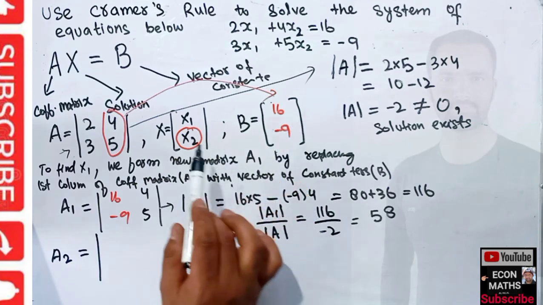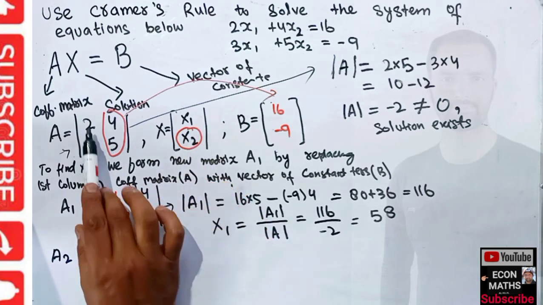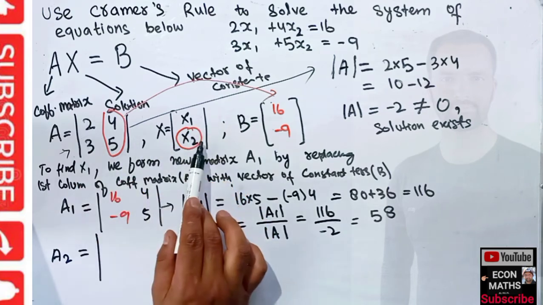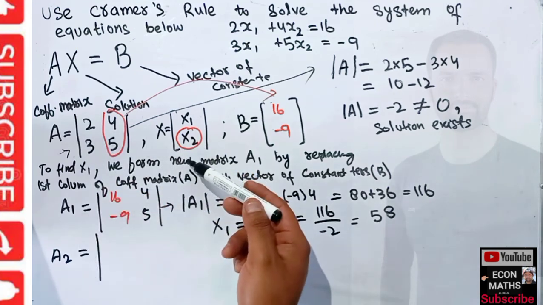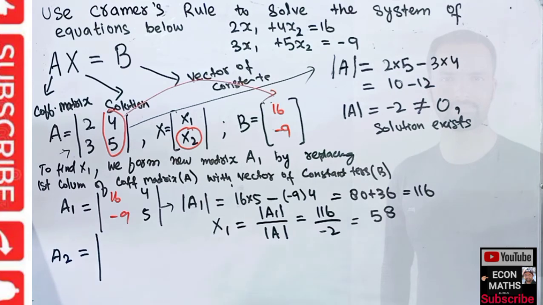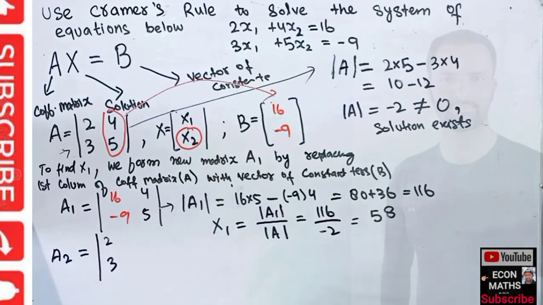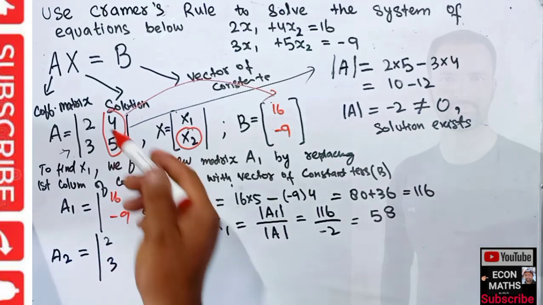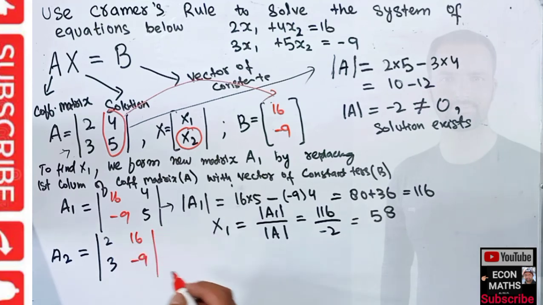It is to be remembered: if we want to find x1, we replace the first column. If we want to find x2, we replace the second column. Similarly, if it was x3, then we would replace the third column. So our new matrix here would be 2, 3, and in place of 4 and 5 we write 16 and minus 9, and take the determinant.